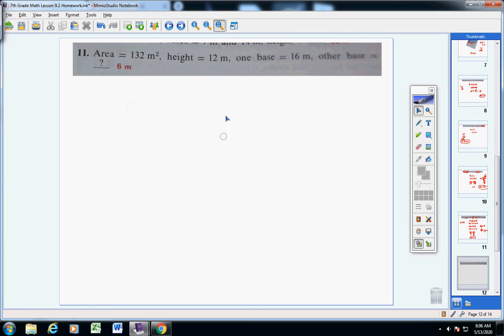Okay, now, again, we're dealing with a trapezoid, and in this problem here, we're missing one of the bases. So this is going to be tough, okay? But here we go. My area is 132, so 132, and then 1/2 times my height is 12, and one of my bases is 16.